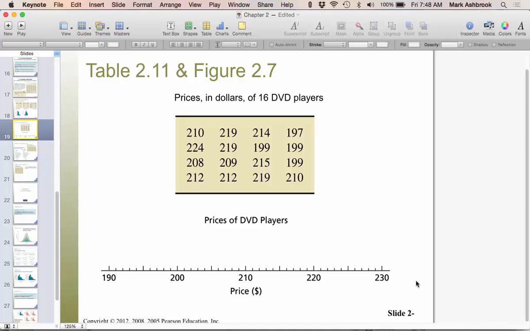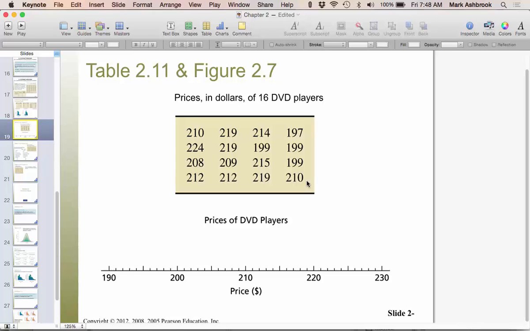This is prices of DVD players. They found 16 DVD players and found their prices, and this is obviously out of date, right? DVD players have come down in price a lot, so this may be from 4 or 5 years ago or even more.